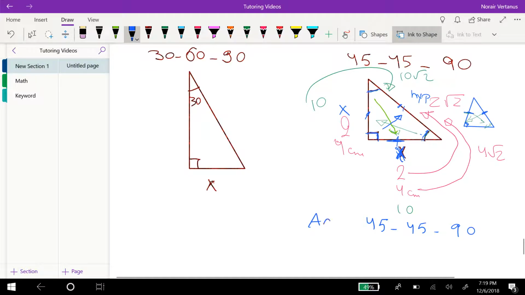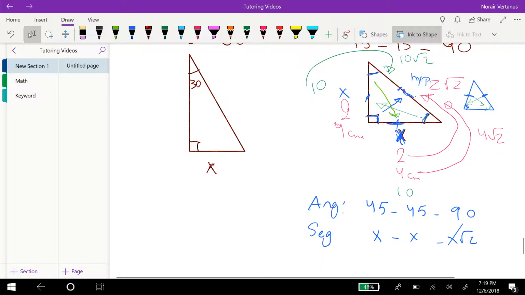The sides are x, x, and opposite the 90 degrees, the hypotenuse is x rad 2. If x is 2, the legs are 2 and 2, and the hypotenuse is 2 rad 2.